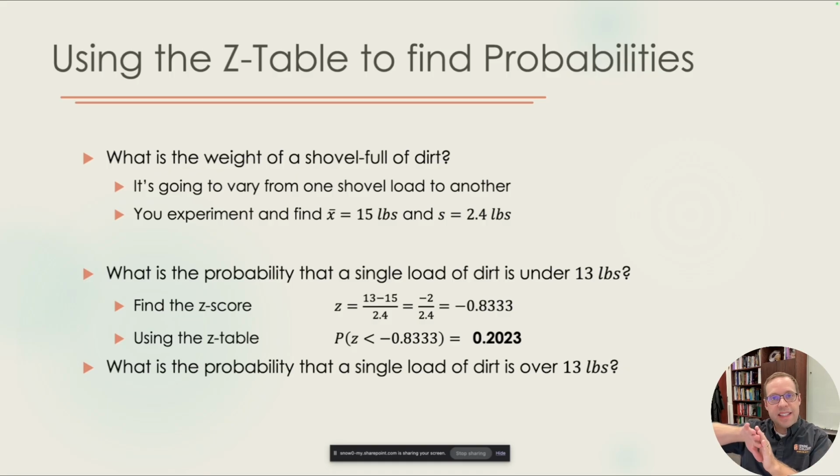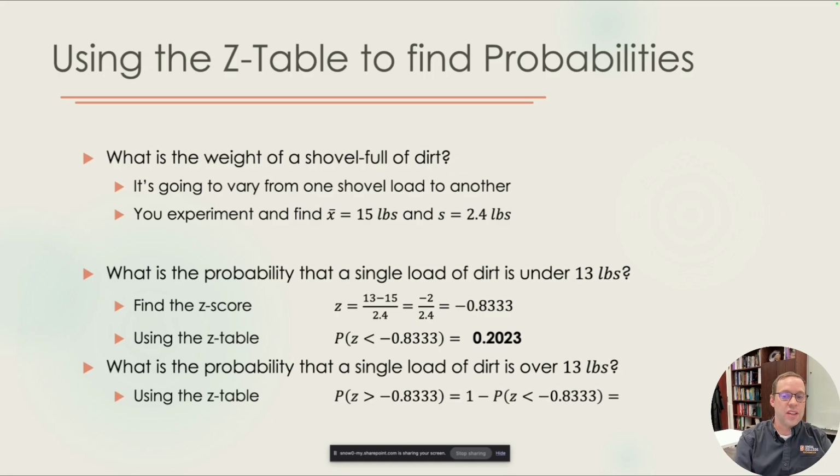Well, we recognize that everything to the left is the complement of everything to the right. So we're going to take the complement. The complement would be 1 minus 0.2023, which is 0.7977. And there you have it. That is how to calculate probabilities using a z-table.